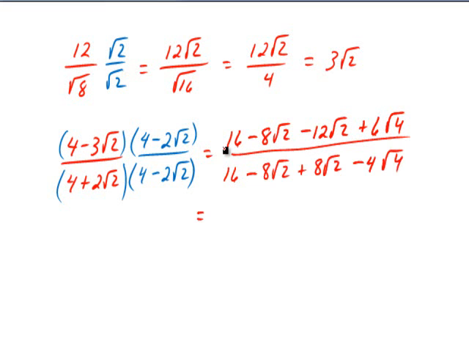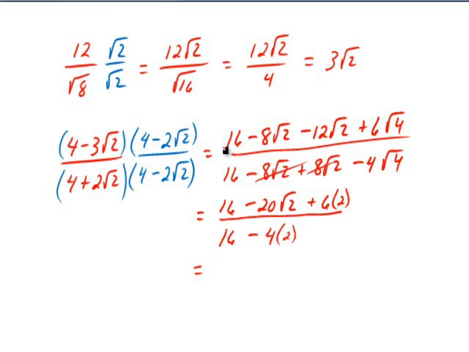If I simplify, in the numerator, I can combine these like radicals to give negative 20 root 2. The last term plus 6 times 2, simplifying the square root of 4. In the denominator, the middle terms cancel out. The last term is 4 times 2.